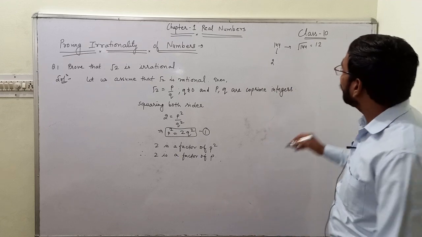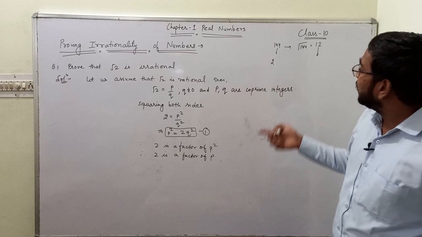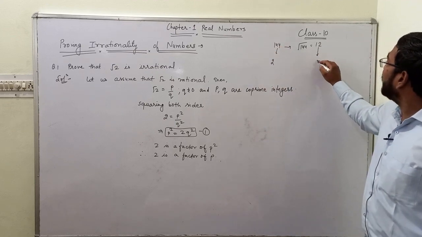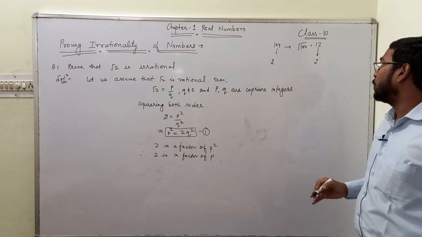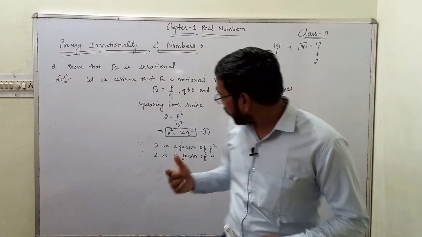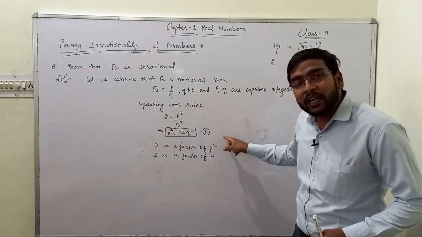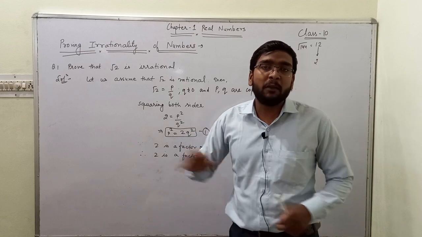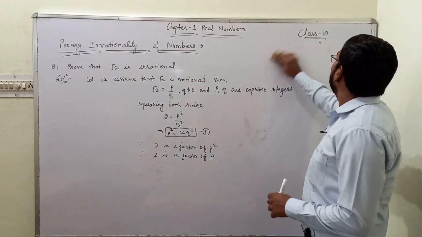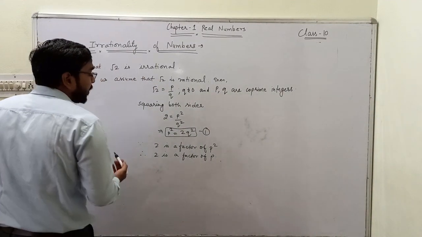So 12 will also be divisible by the prime number by which 144 was divisible. So 12 will also be divisible by 2. You get my point? If p square is divisible by 2, then its square root, that is p, should also be divisible by 2. So we get that 2 is a common factor of p square and p.